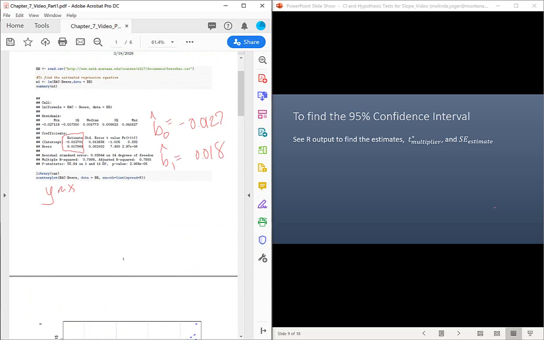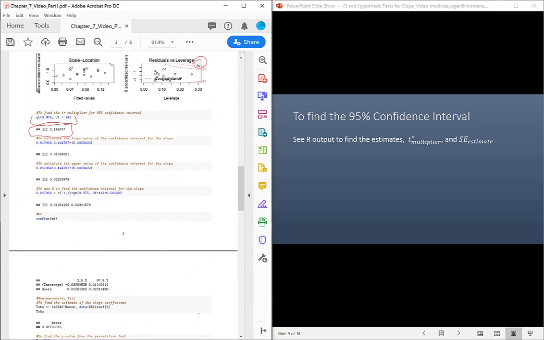So we already found our estimate for the y-intercept is negative 0.0127, and the standard errors are given in the next column. So the standard error for the y-intercept is 0.0126, and the standard error for the estimated slope is 0.0024.